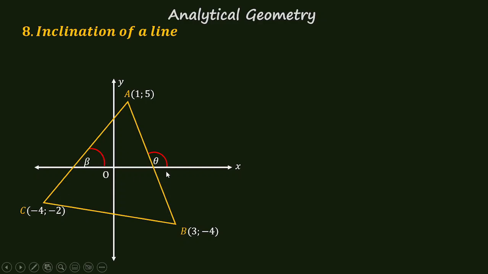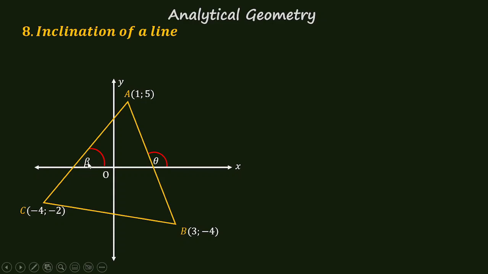So these are the angles of inclination of these two lines. Now, to find the angle of inclination, let's start with the straight line AC. So we are finding the angle beta.